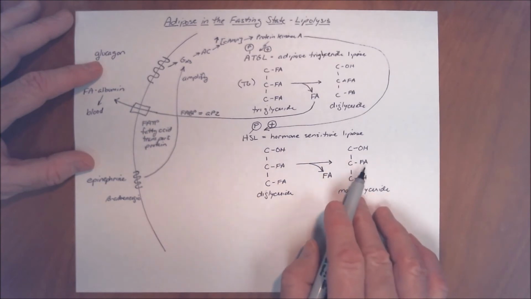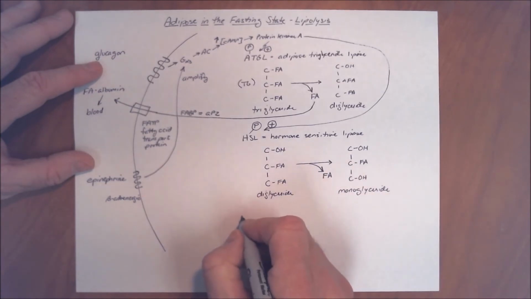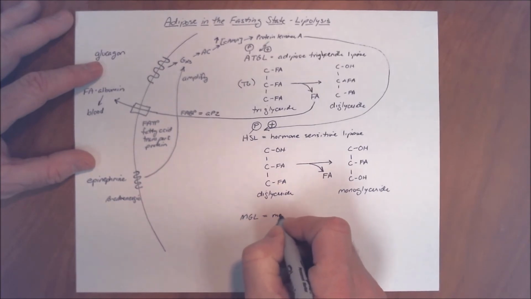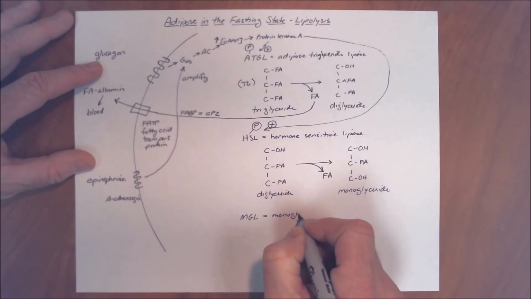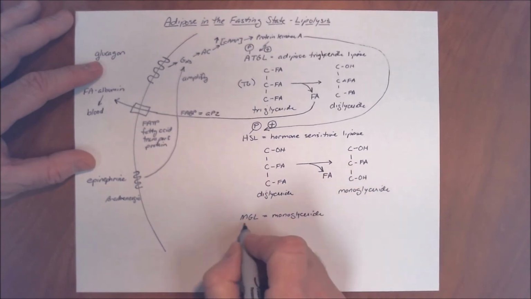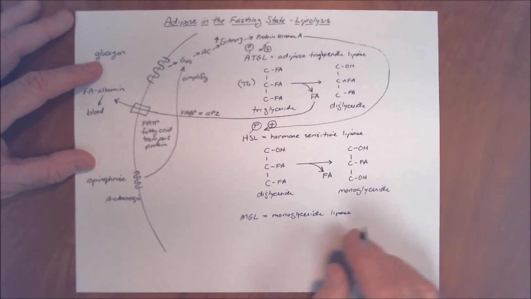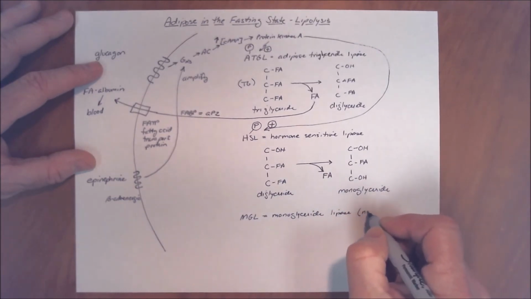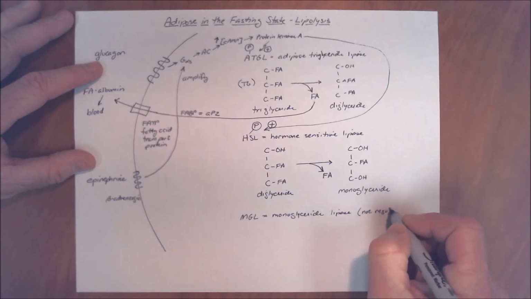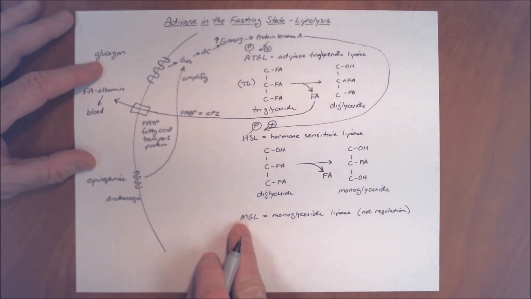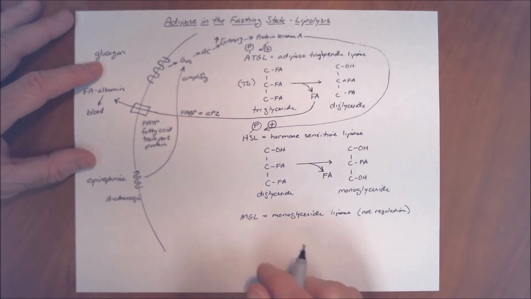Now we have one more fatty acid left here, and that is going to be processed by MGL, which equals monoglyceride lipase. Now, current research suggests that there's no regulation at this step. So there's no phosphorylation required for activation. MGL, monoglyceride lipase, essentially becomes active when substrate becomes available.